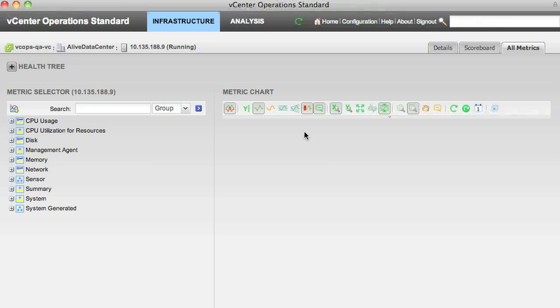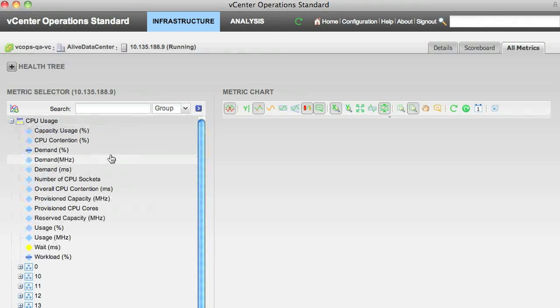Indeed, our hope is that through some of these other visualizations and other information we show on the Details and Scoreboard tab, you'll be able to resolve your issues quickly there. However, in some cases, you need to drill down to the next level of detail, and that's what this view is for. This view shows you all the stats that we collect for a given object, organized by their type.